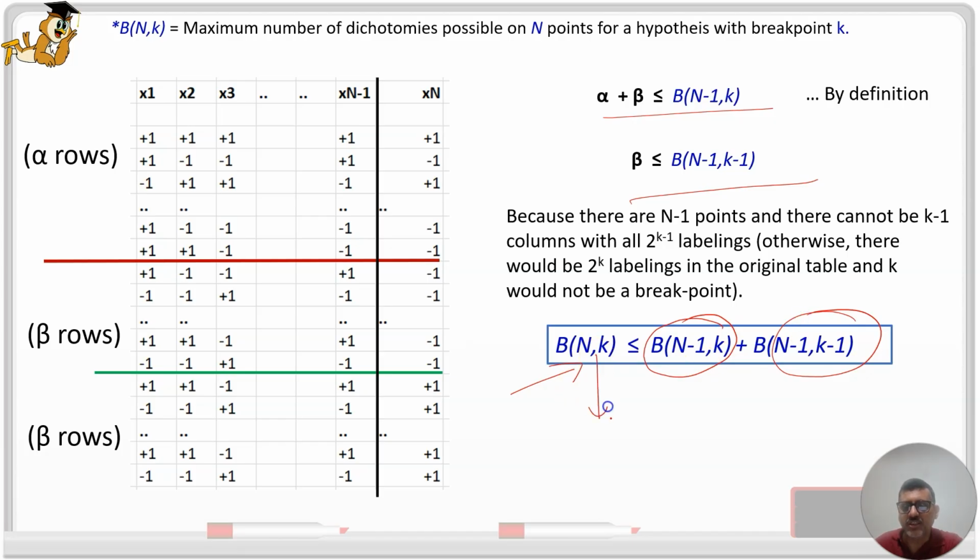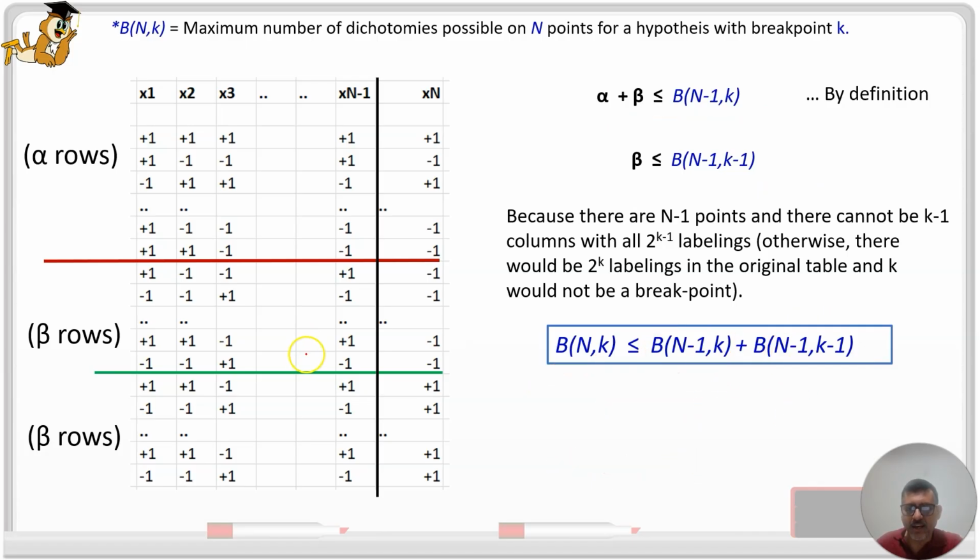Why is that? Because this is equal to alpha plus 2 beta, right? This quantity is less than this, alpha plus beta is less than this quantity, and beta is less than this quantity, and therefore alpha plus 2 beta is less than or equal to this plus this, right?